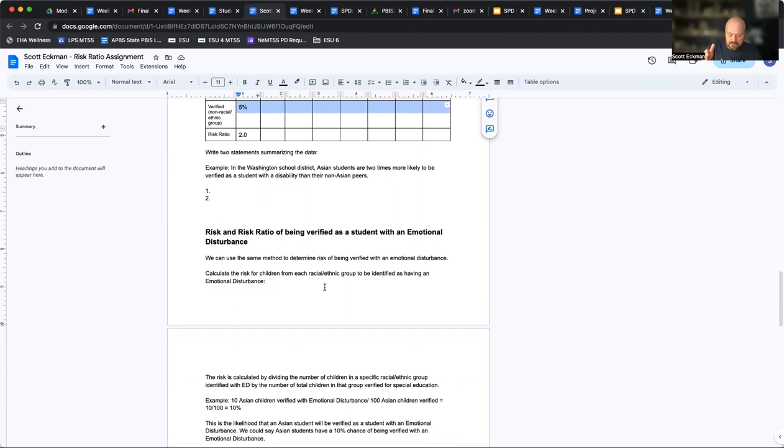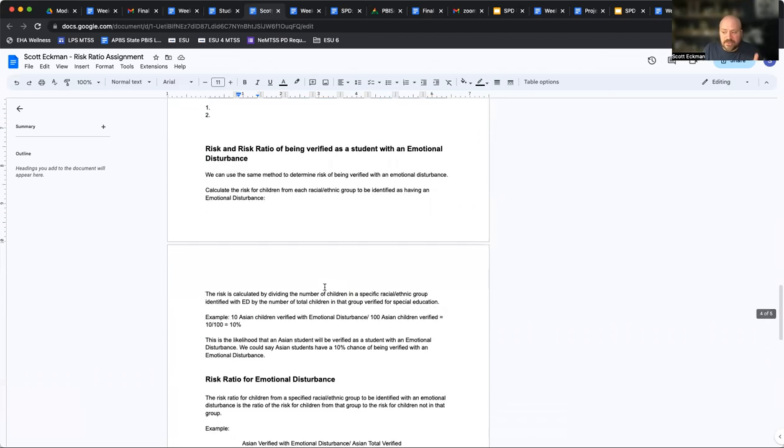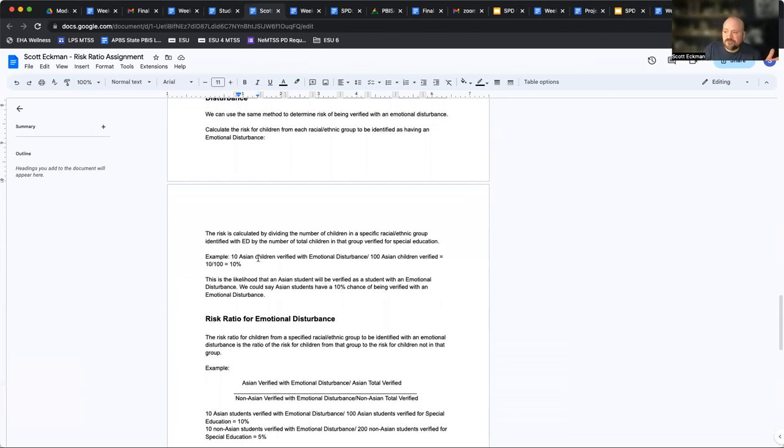So basically, the percentage of students who are verified in a specific racial or ethnic group with an emotional disturbance over that specific group over non-verified special education. So that's kind of the risk and the risk ratio. So calculating the number of a specific racial or ethnic group identified with ED divided by the number of total children in that group verified for special ed.